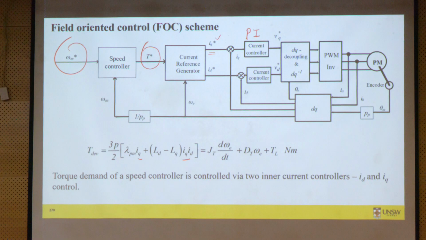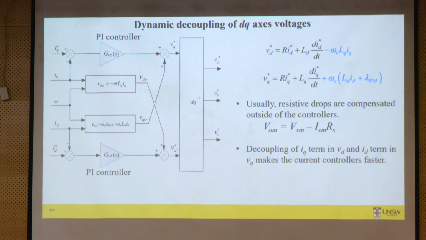So when we are designing the VQ voltage, we are actually ignoring the coupling of the D axis with the Q axis, okay? We are assuming it's as if the VQ voltage is a function of only the IQ current. Same thing we do for the ID current control. So what are we doing with that coupling term?